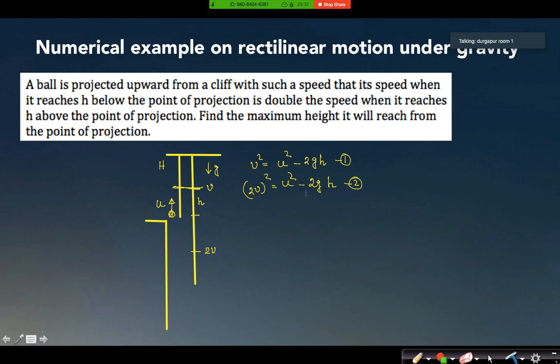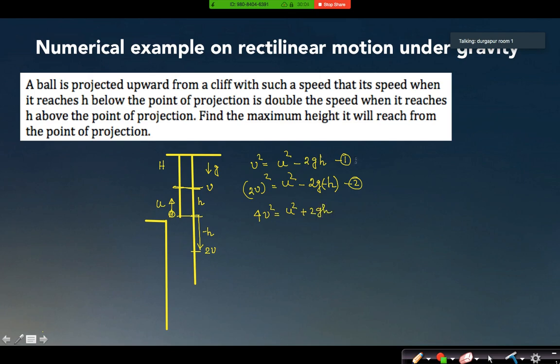Why will I write plus 2gh? h is negative. Yes, negative. Good. Because h is negative here, as you are talking about displacement, right? As I am going down from the point of projection, this displacement is definitely minus h. So 4v square equals u square plus 2gh. That is your second equation.